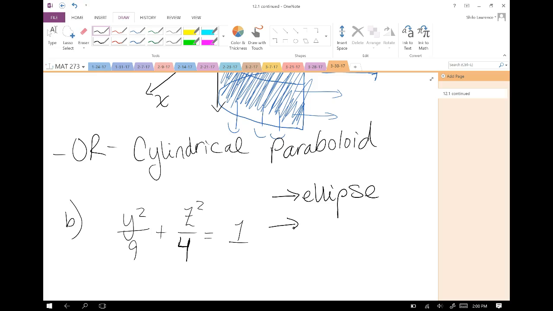So this thing is an ellipse. What plane are we going to draw this ellipse in? It's going to include the z, but a plane has two axes. The YZ plane, yes. It's an ellipse in the YZ plane.